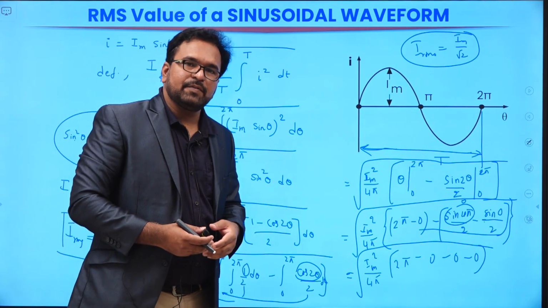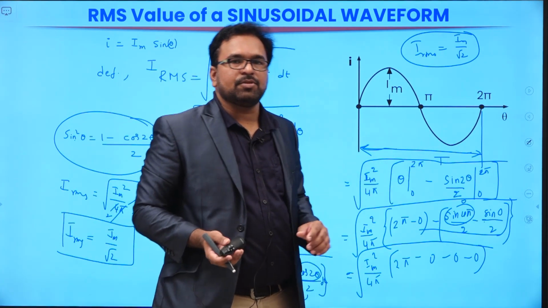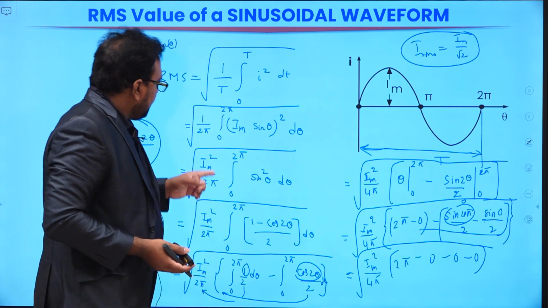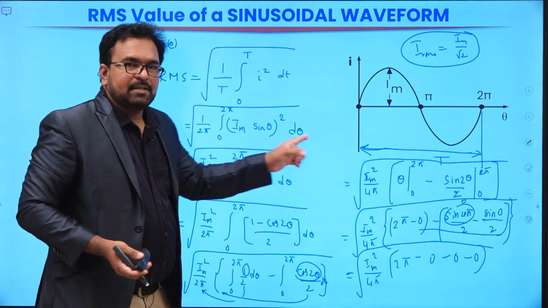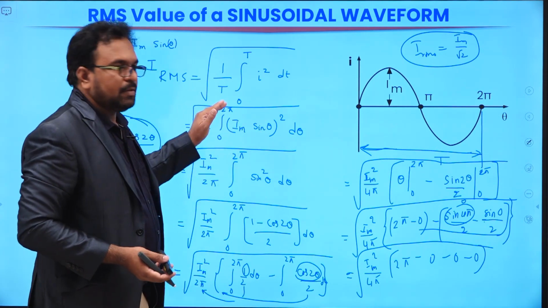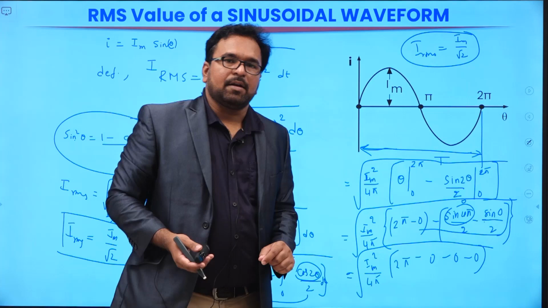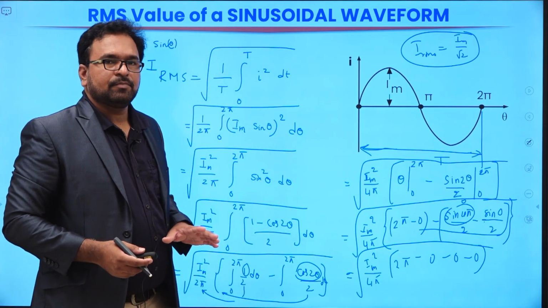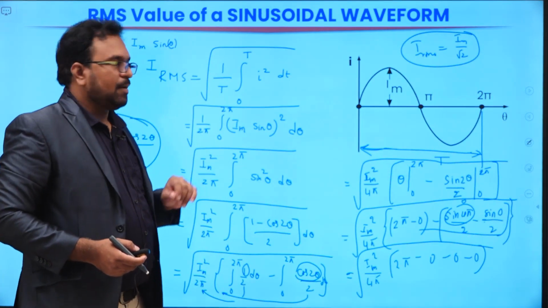When you square the instantaneous value, any negative value will also become positive. That's why we calculate the RMS value for the complete cycle from 0 to 2 pi. The symmetry has to be verified only when you are going to calculate the average value. That's it. This is all about average value and RMS value.